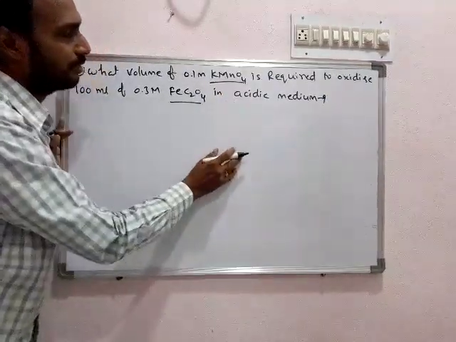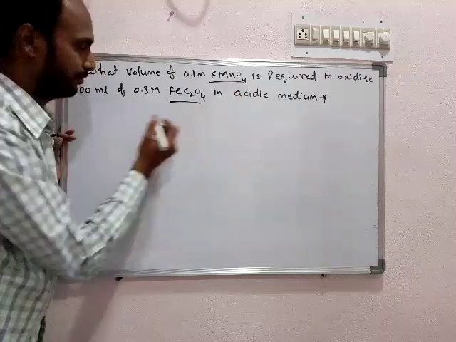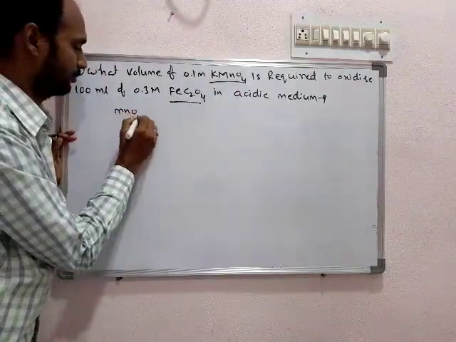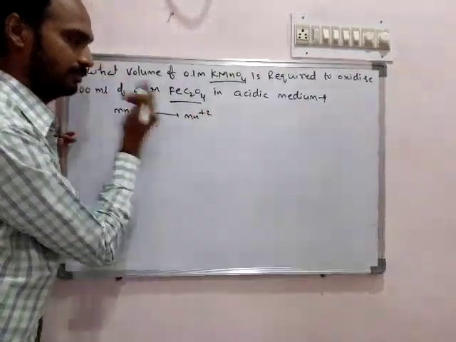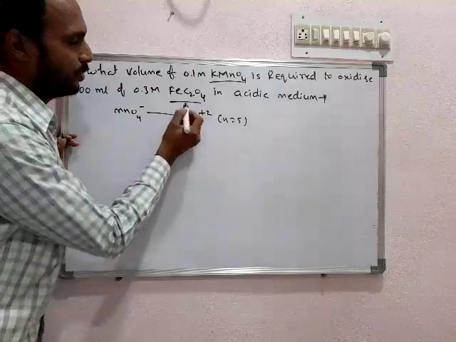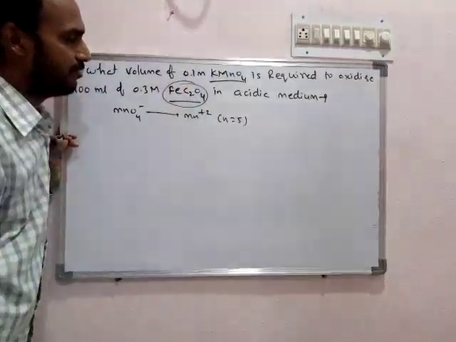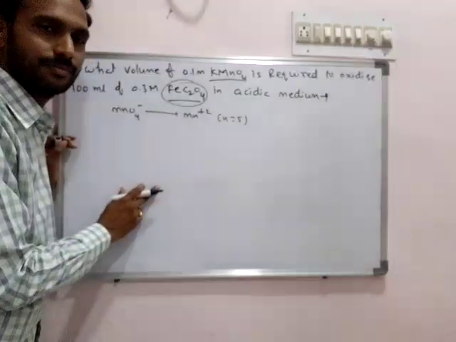We know that N factor for potassium permanganate is 5. So what is the N factor for ferrous oxalate? What is the importance of this compound?